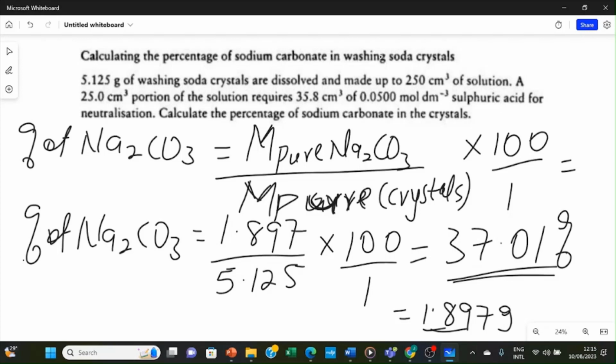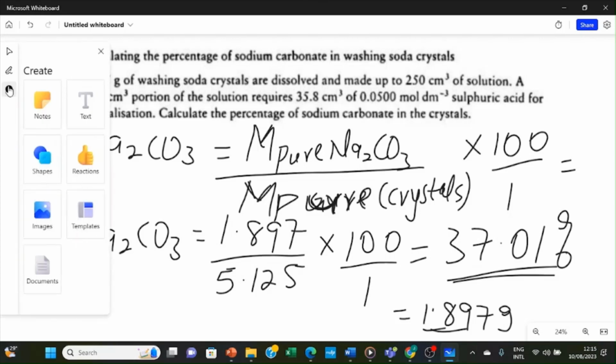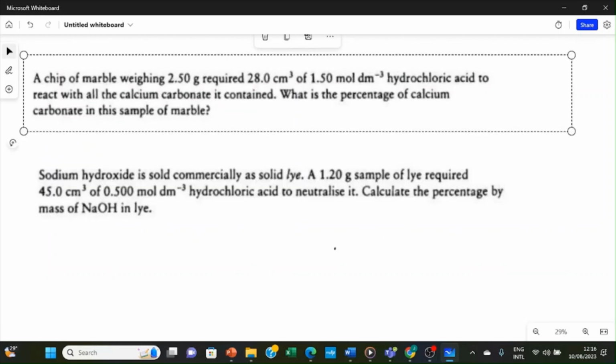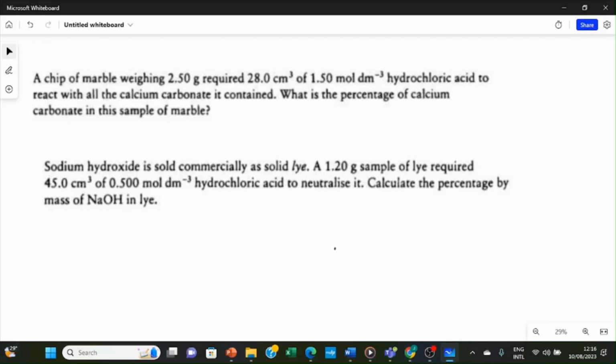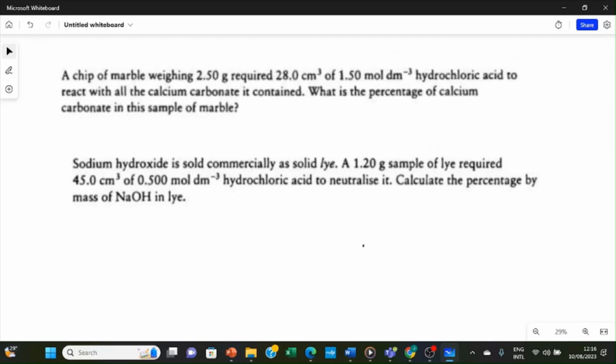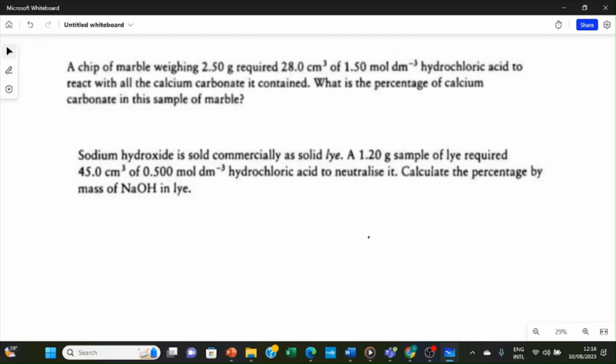So I'll give you the questions for now. So let's take the tasks. So these are the tasks. So please, I want you to attempt these tasks. Just follow the formula, follow the steps. It's as simple as ABC.